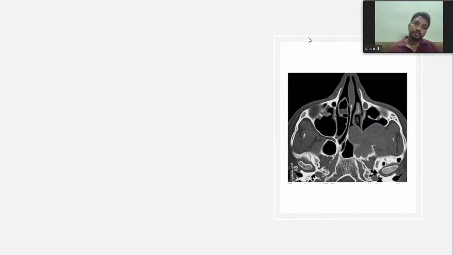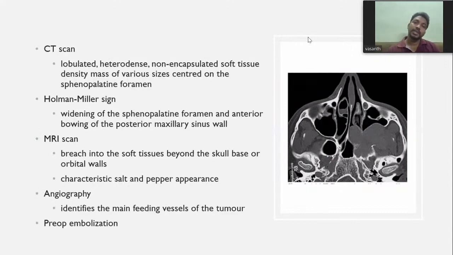Okay, so in the CT scan you can find the extension of the disease, where it is extended, and what structures it is involved. And the Holman-Miller sign is a classical finding in the CT scan and in the X-ray also. But in the MRI scan, you get more of a soft tissue window, not the bony detail, so whichever soft tissues it has involved, that is very important.